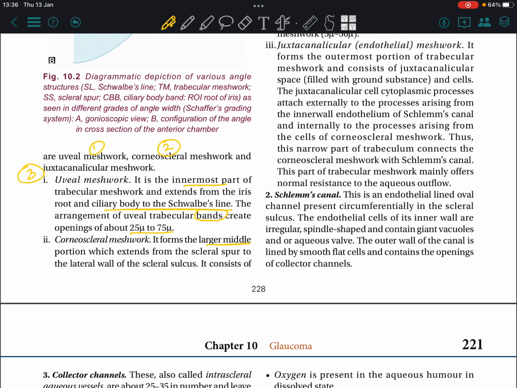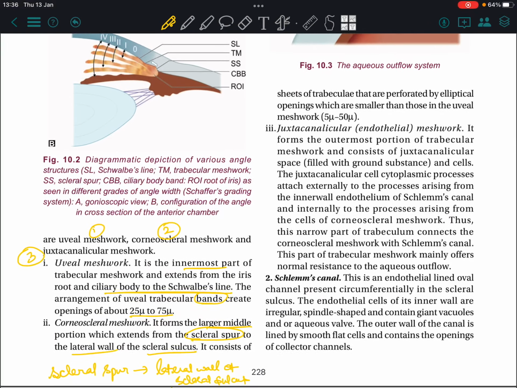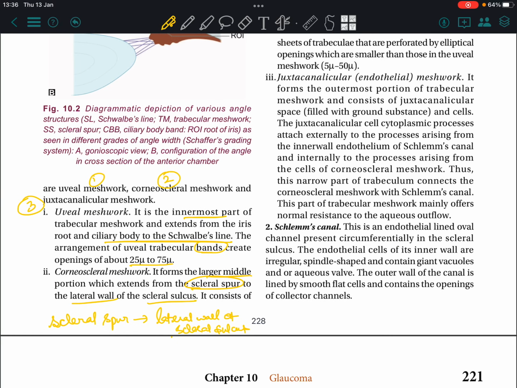Corneoscleral meshwork: it forms the large middle portion which extends from the scleral spur to the lateral wall of scleral sulcus. It consists of sheets of trabeculae that are perforated by elliptical openings which are smaller than those in uveal meshwork.